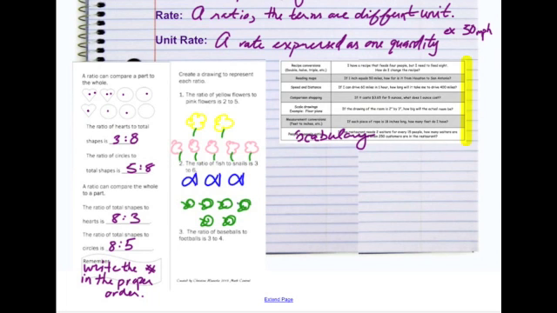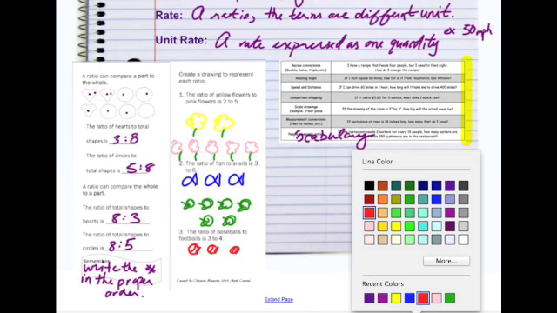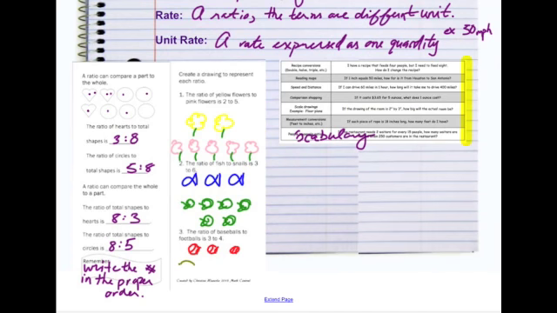I hope those are impressive snails. The ratio of baseballs to footballs is 3:4. That's our last one, right? So 3 baseballs compared to 4 footballs.